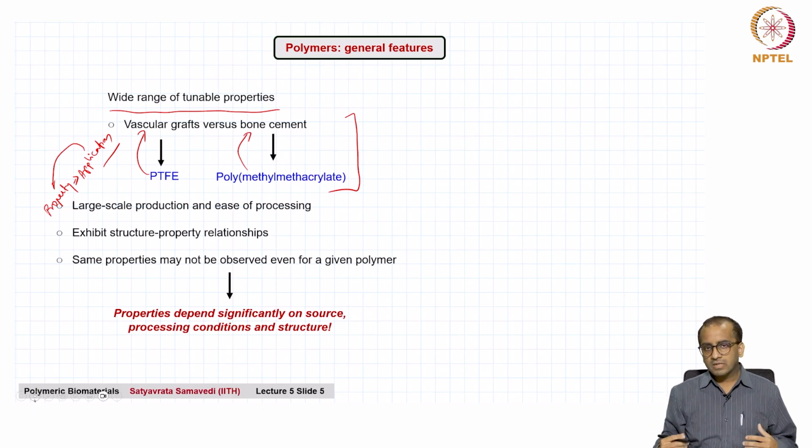Polymers also permit, like I said, large scale production and ease of processing. And one interesting thing about polymers is that they exhibit very important structure property relationships.